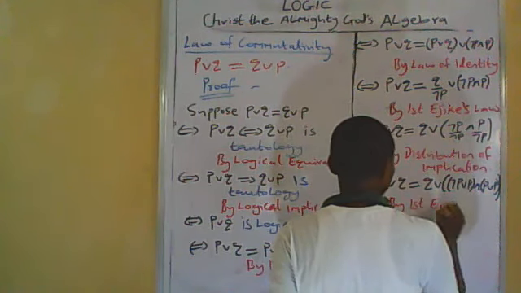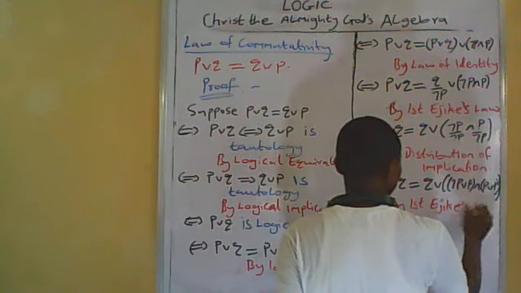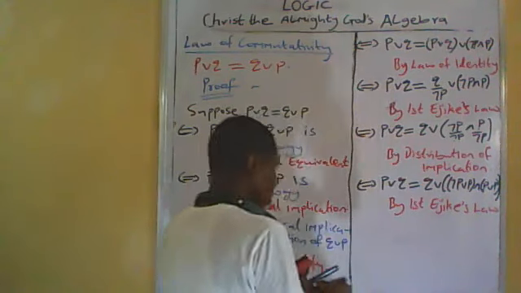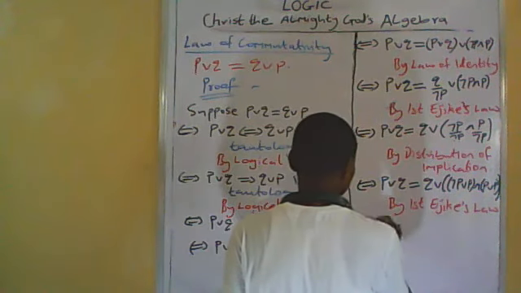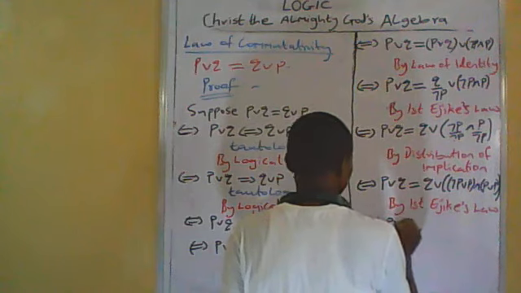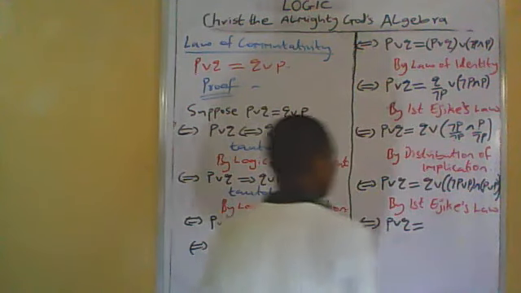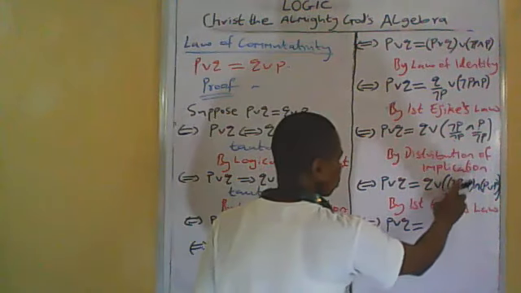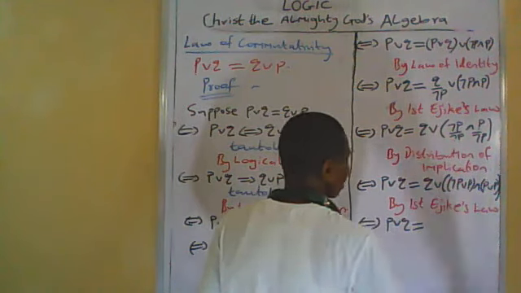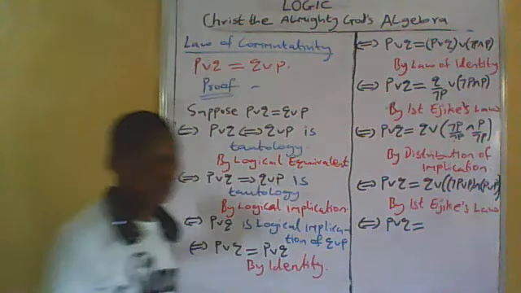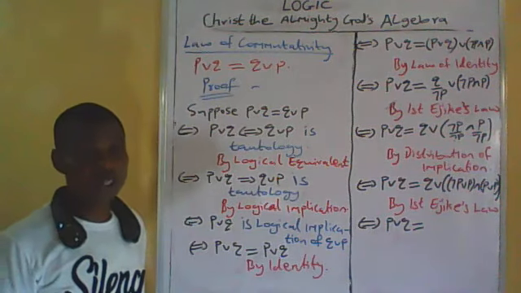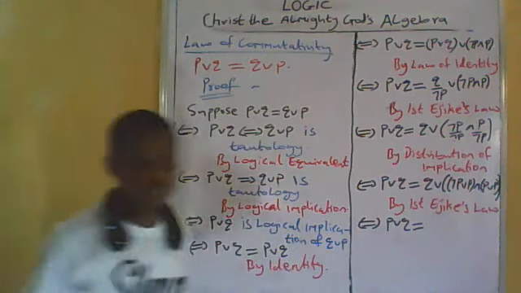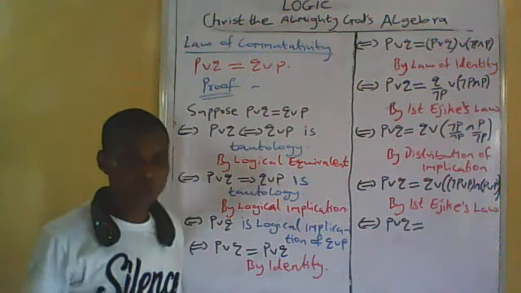First eject law. So if and only if P or Q is equal to, you see that this not P or P is equal to T. That means the value of this not P or P is T, that means tautology.